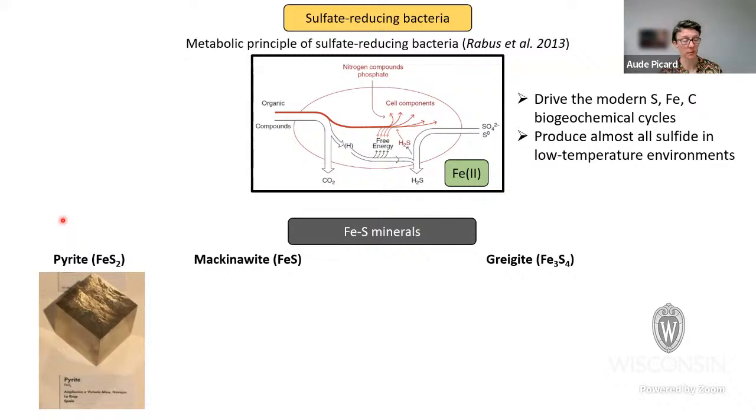Here's a nice example from a mineral collection. This is actually an example from a hydrothermal environment, but it is the most stable, and also the most interesting for geoscientists to reconstruct past environments, and also modern environments.